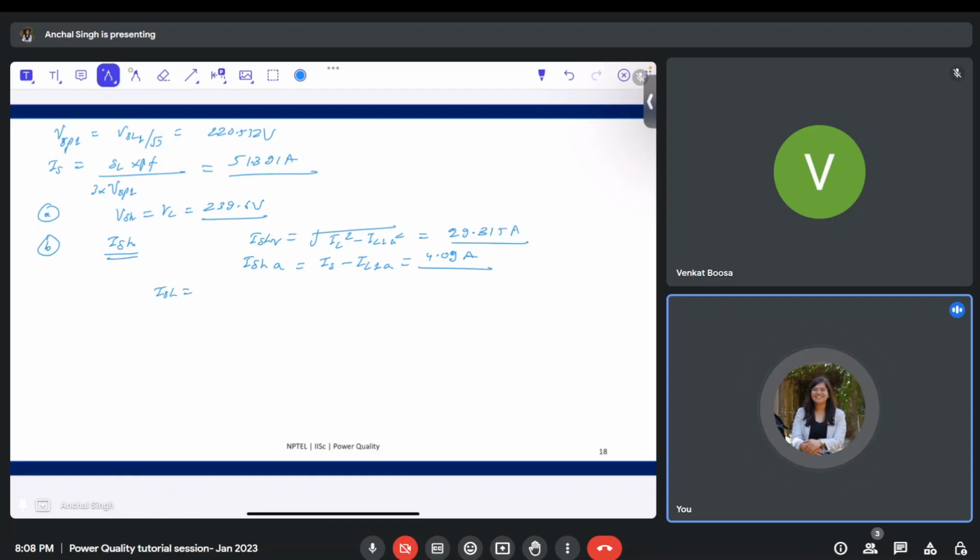So ISH will be equal to under root of ISHR square plus ISHA square. This will come out to be 29.599 amperes. So from this we can calculate the VA rating of the shunt filter as VSH into ISH, which will be equal to 21.276 kVA.